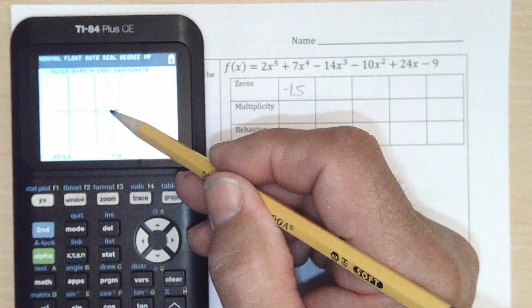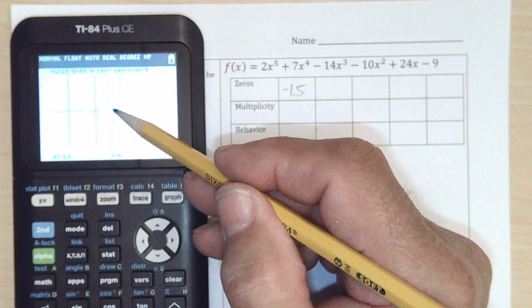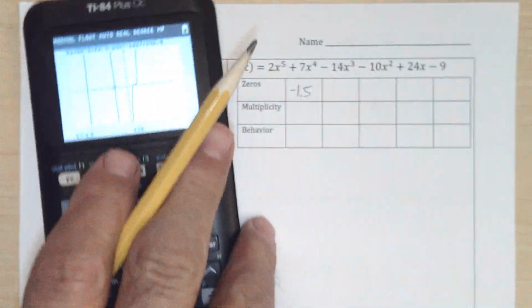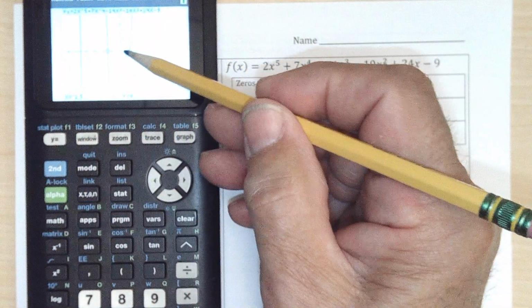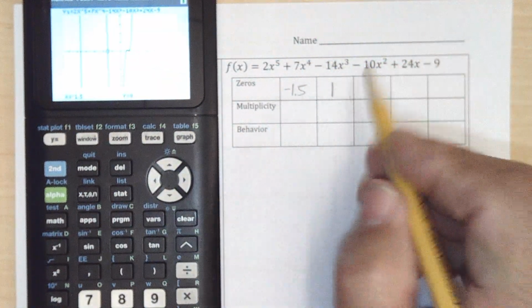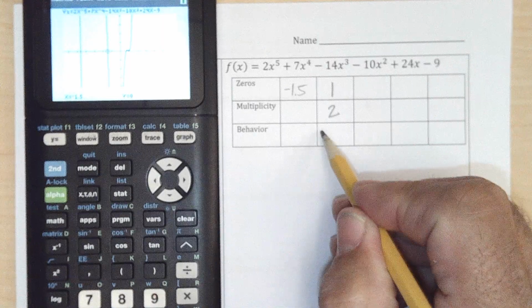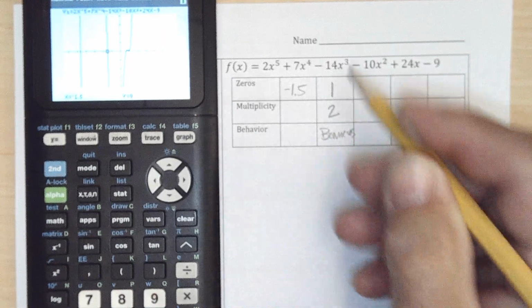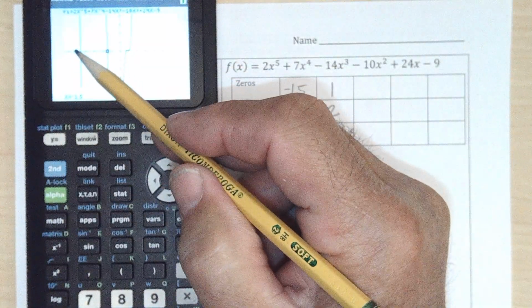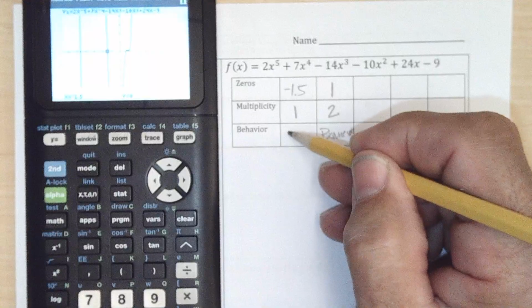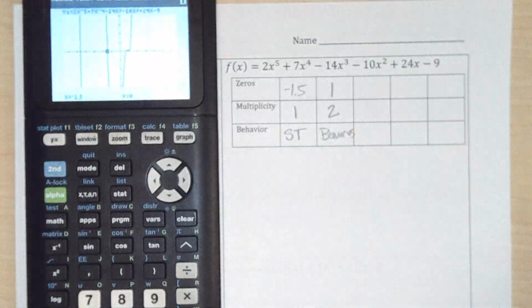There's another one in here that I don't recognize, but it looks like it goes up, comes down, and bounces at 1. So I think 1 has a multiplicity 2 because it bounces. And at negative 1.5, it looks like multiplicity 1 because it goes straight through.